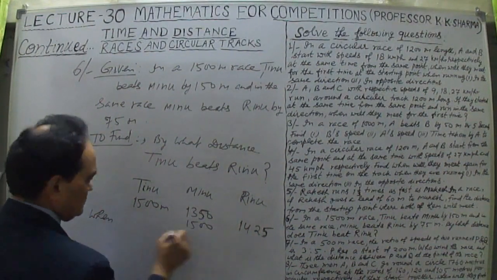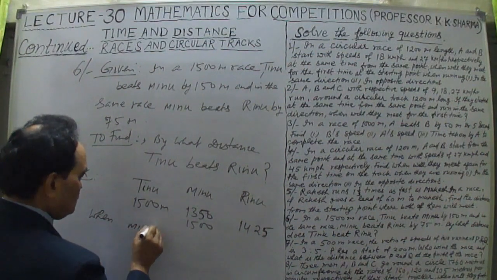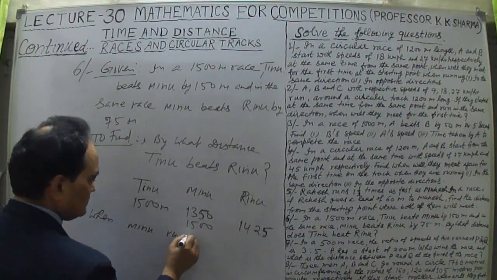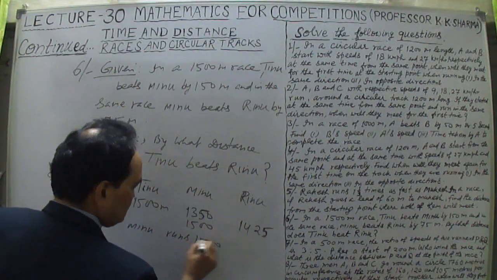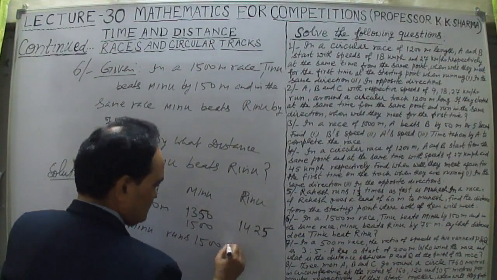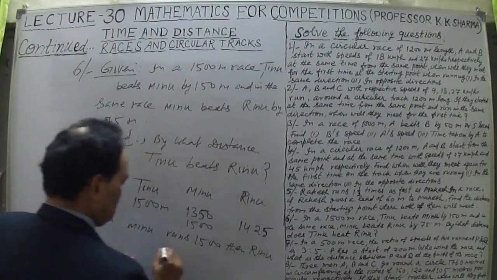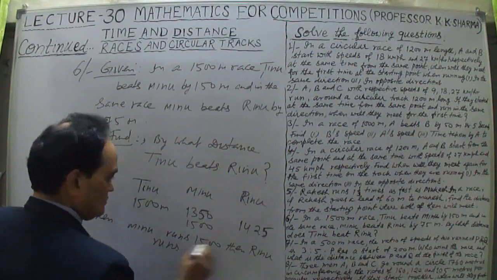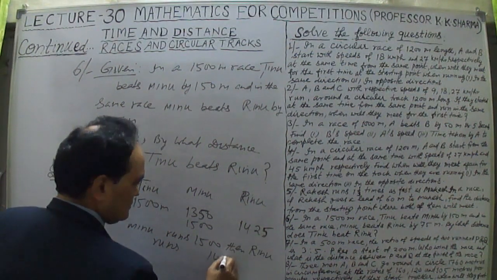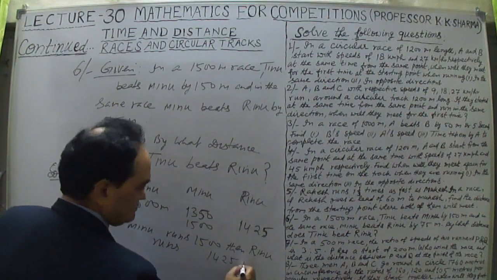See here, when Minu runs 1500, then Renu runs 1425 meters.